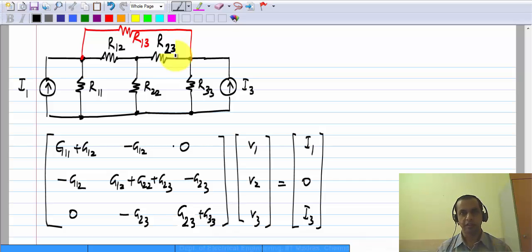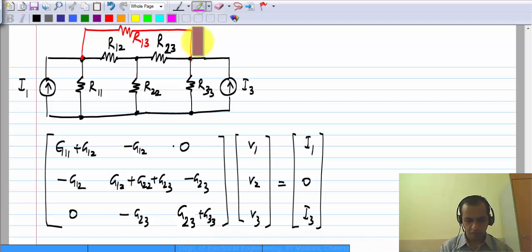So what does this change? Please work it out. When I add a conductance, obviously the total conductance at those nodes to which I add the conductance will change. In this case, nodes 1 and 3, that's where I added the conductance. So the total conductance at these nodes will change, and so the diagonal elements corresponding to these nodes will change.